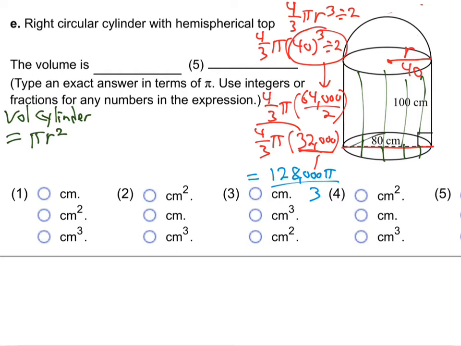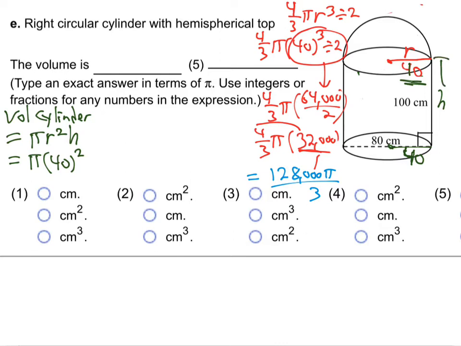It's a circle, right? The base is a circle times the height. Pi r squared h. So it's pi. What's the radius again? Radius is the 40, isn't it? Because the radius is from the middle to the edge, which must be 40. 40 times the height. This must be the height over here. The height must be the 100.